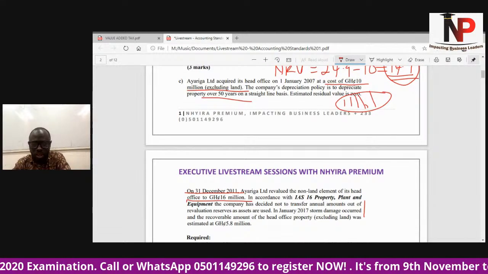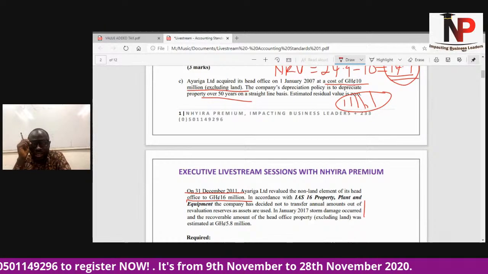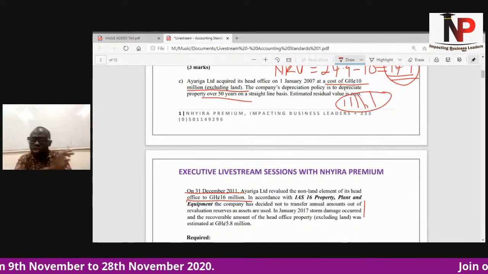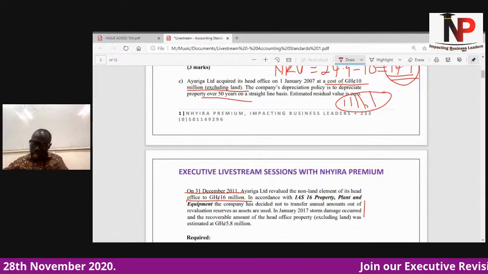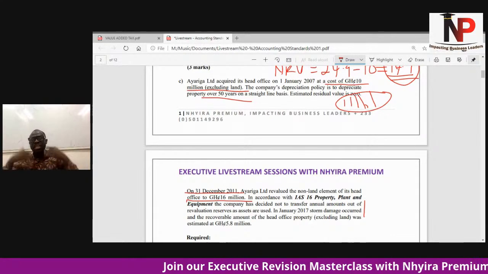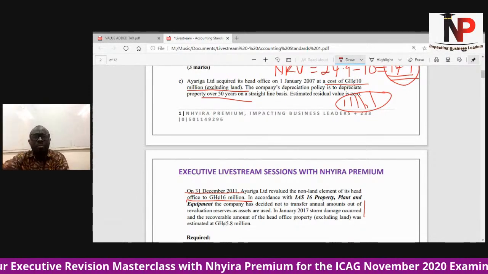But look at the trickle. In accordance with IAS 16, property, plant, and equipment, the company has decided not to transfer. Listen carefully. Now, under IAS 16, when companies revalue assets, the depreciation is going to be carried on the revalued amount.